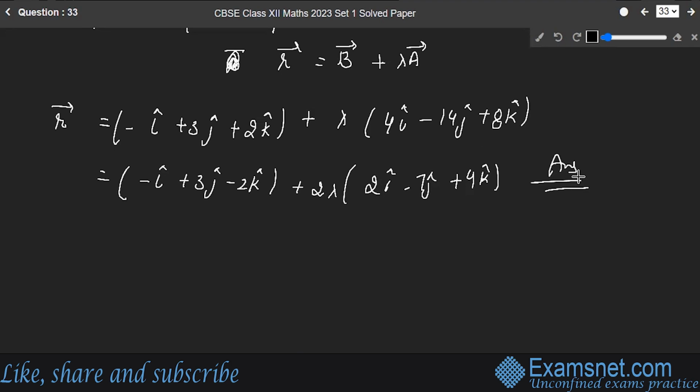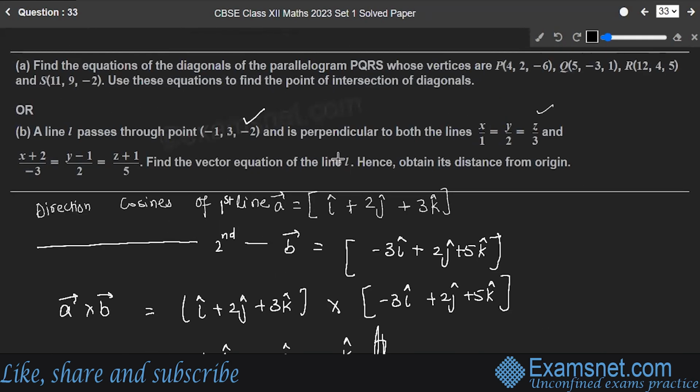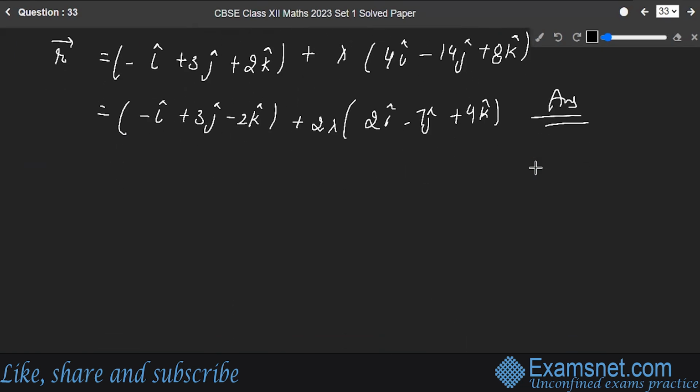And this is one answer. You have to find the vector equation of the line. We already solved that. Now let's find its distance from the origin. That's very simple.